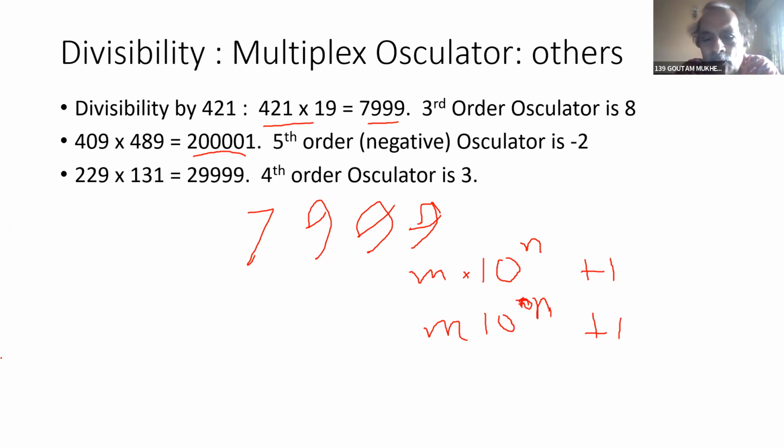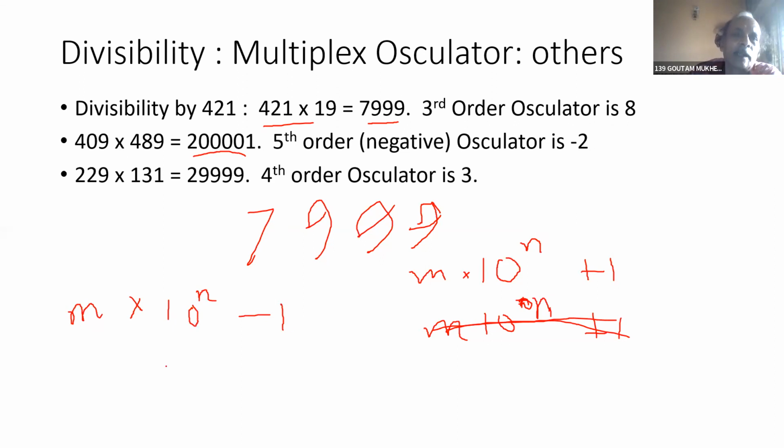the nth order oscillator of the divisor becomes minus m because it's this side. Now again I write m into 10 to the power n minus 1.